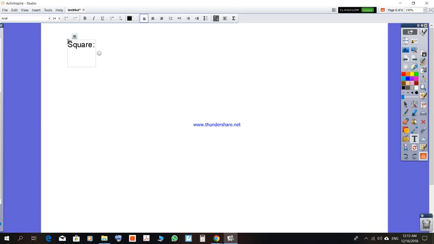But we cannot say that the parallelogram is a square, and we cannot say that the rectangle is a square, and we cannot say that the rhombus is a square. But we can say that the square is a rectangle, is a rhombus, is a parallelogram.